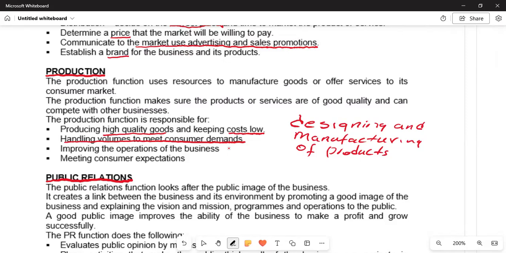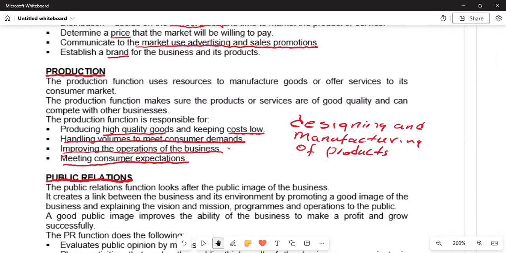Improving the operation of the business. It's very important to improve the operations of the business. Buy machineries that are very good, that will produce good products and meet consumer expectations. That is very important. That's why we're talking about the market research function.